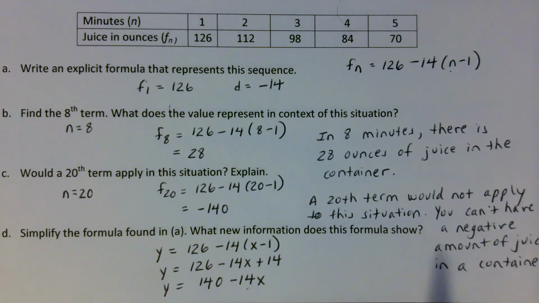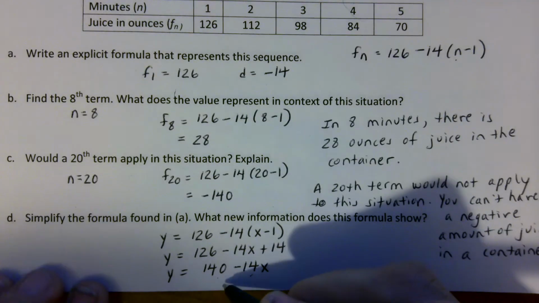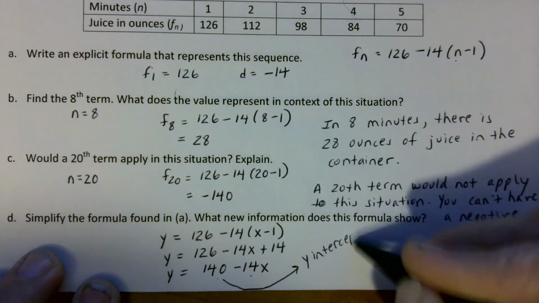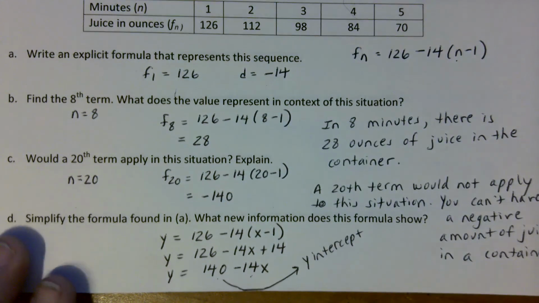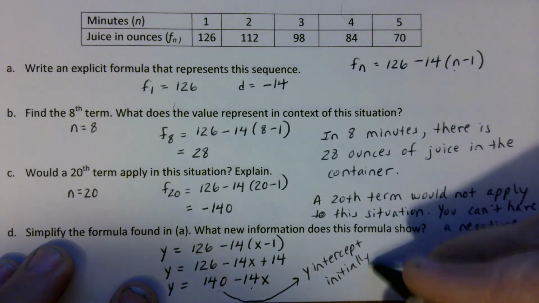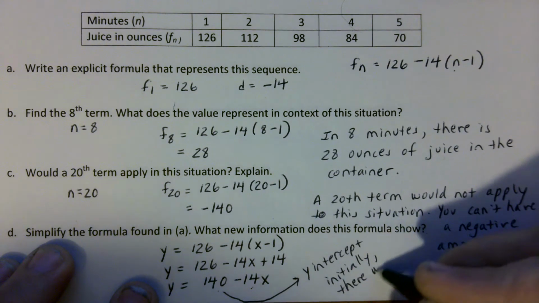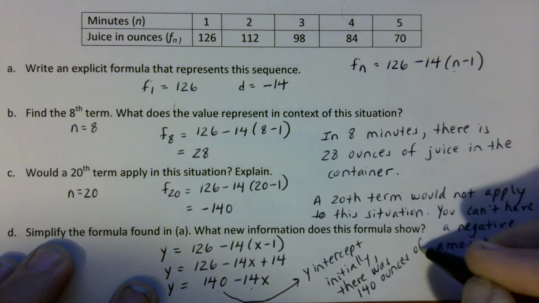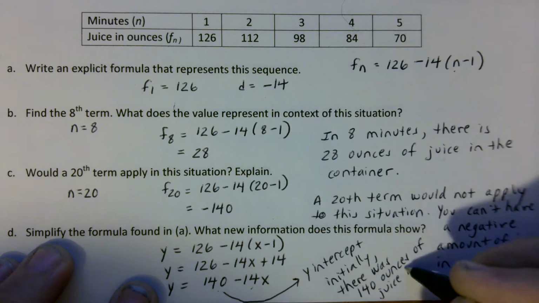But what didn't show up in our table is our constant. Remember, this is our y-intercept, and our y-intercept shows us the initial amount in a situation. So initially, there was 140 ounces of juice in the container.